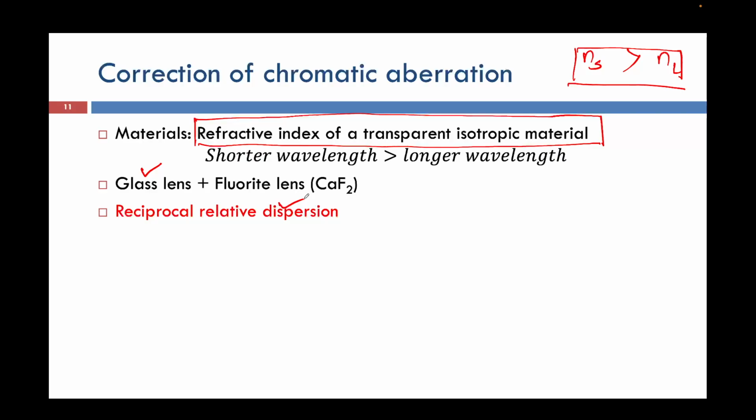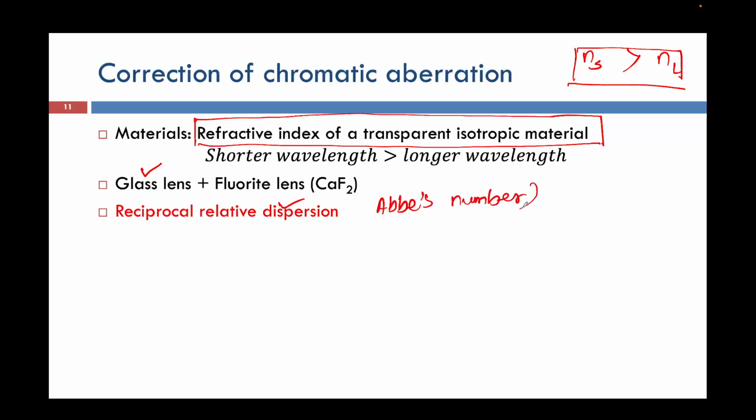How do I know that these materials can be used for lens applications? The number which tells us whether or not a material can be used is called the reciprocal relative dispersion, or Abbe's number.